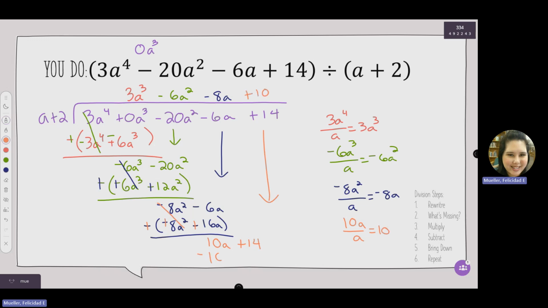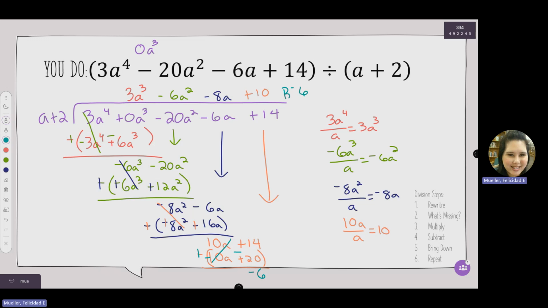So minus 10a. 10 times 2 is 20 plus 20. Change signs, plus, minus, minus. 14 minus, the a's cancel out. 14 minus 20 is negative 6. So I have a remainder of negative 6.